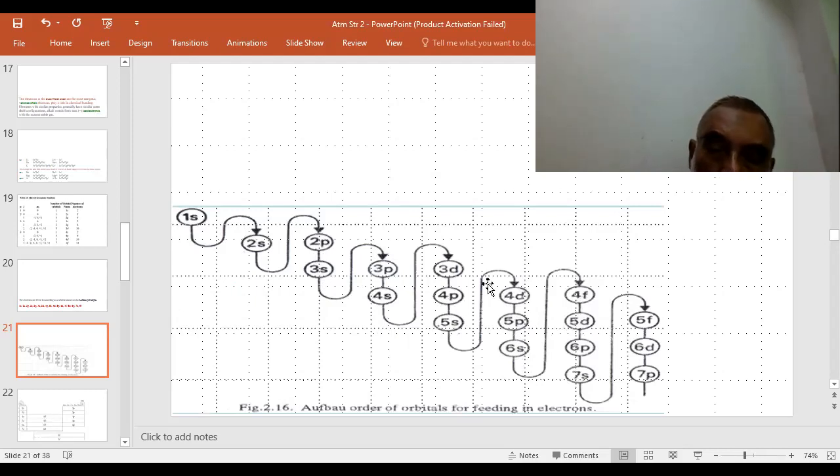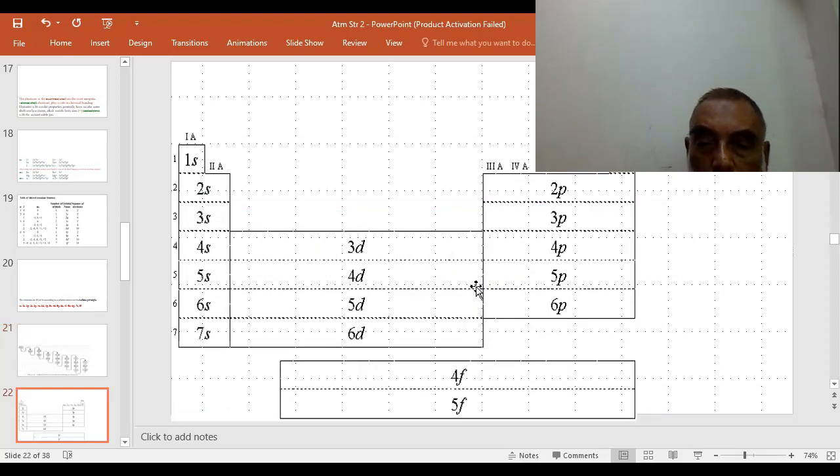In this way, using the Aufbau principle, you can take decisions or orient the electronic configuration of the different atoms. So this is shown in the periodic table chart.